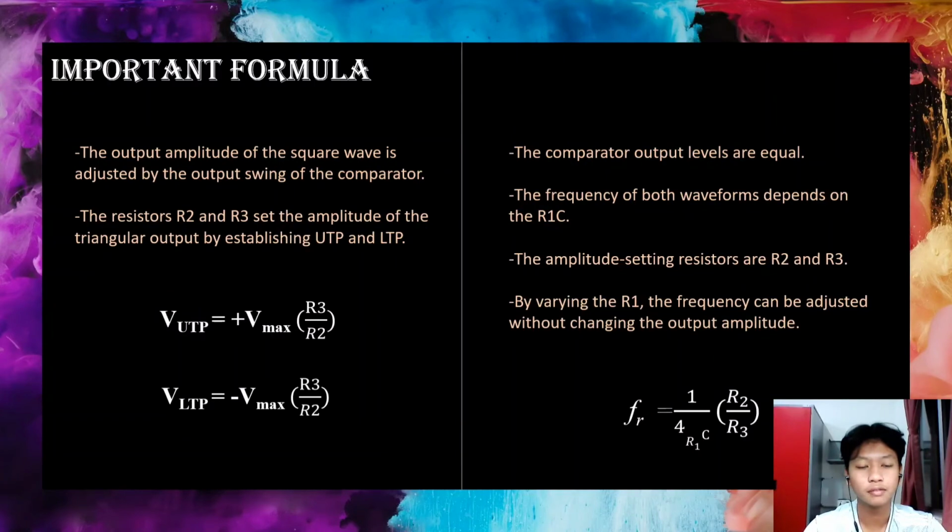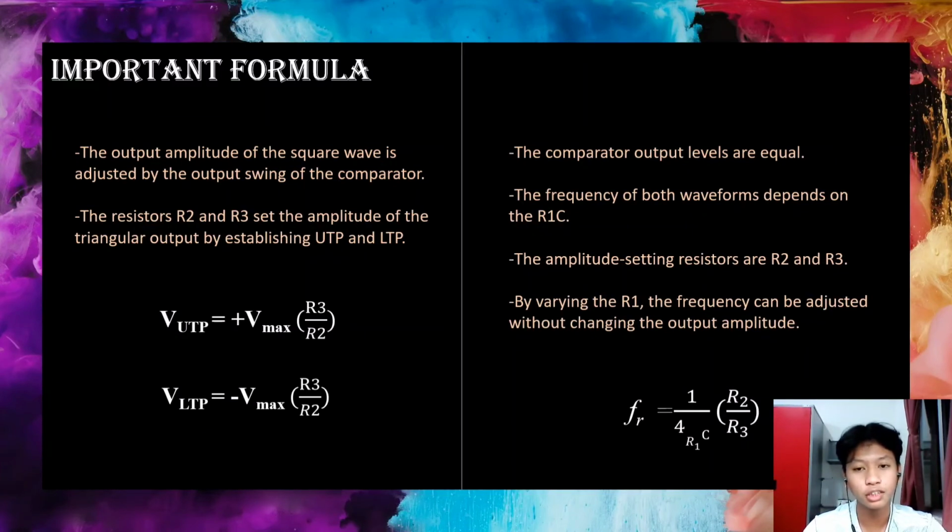For the first formula, we have VUTP equal to positive Vmax times R3 over R2, and the second formula is VLTP equal to negative Vmax times R3 over R2. We also know that the comparator output levels, positive Vmax and negative Vmax, are equal.